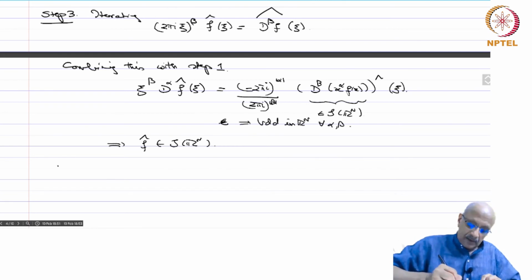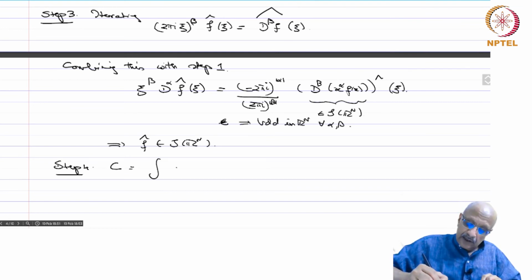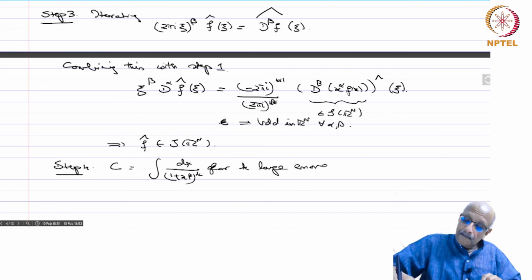Again, step 4. Let C equal to the integral of dx by (1 plus |x|^2)^k, for k large enough. Then what do you have?